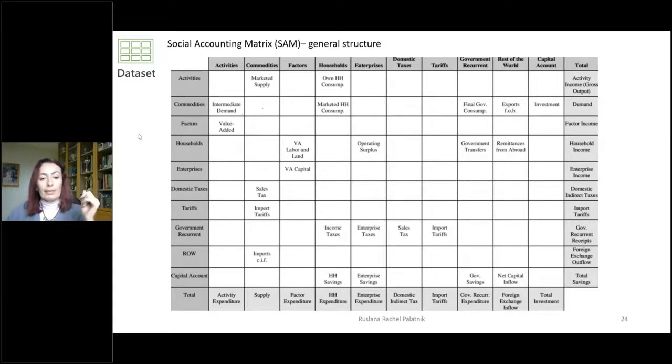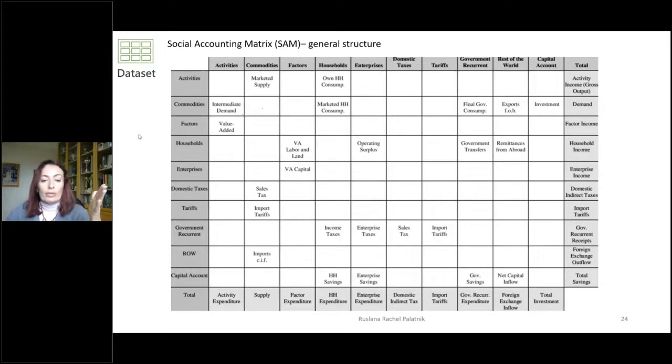Factors here reflect how much was paid to labor, capital, and natural resources, which are also primary factors of production. The sum of each column of activities is therefore the total actual expenditure of each sector to other sectors and so on.